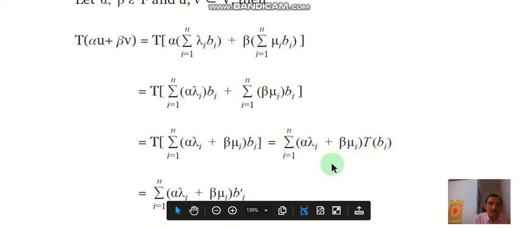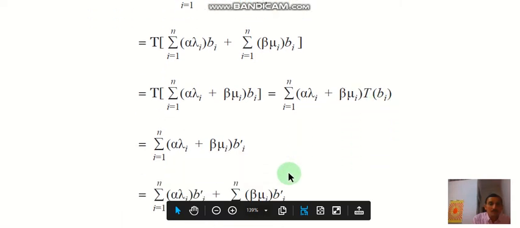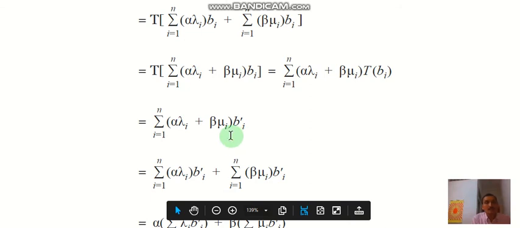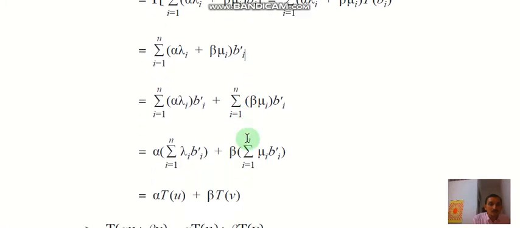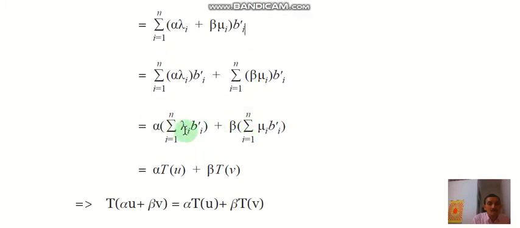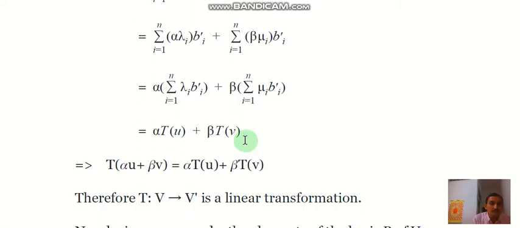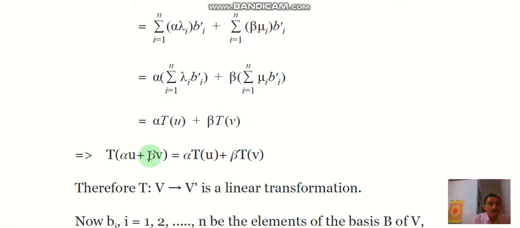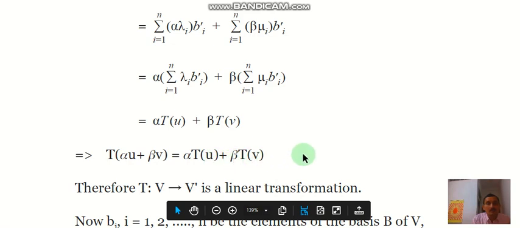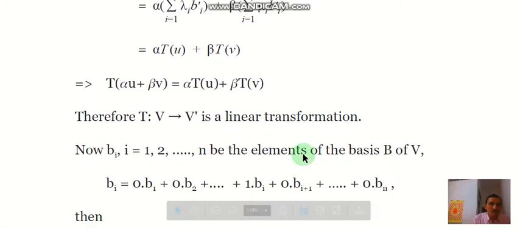Then using the definition of T, we can write this as summation (alpha lambda_i plus beta mu_i) bi'. After opening this, we can rewrite it as alpha summation i varying from 1 to n lambda_i bi' plus beta summation i varying from 1 to n mu_i bi'. So we have obtained that T(alpha u plus beta v) equals alpha T(u) plus beta T(v). Therefore T is a linear transformation from V to V'.